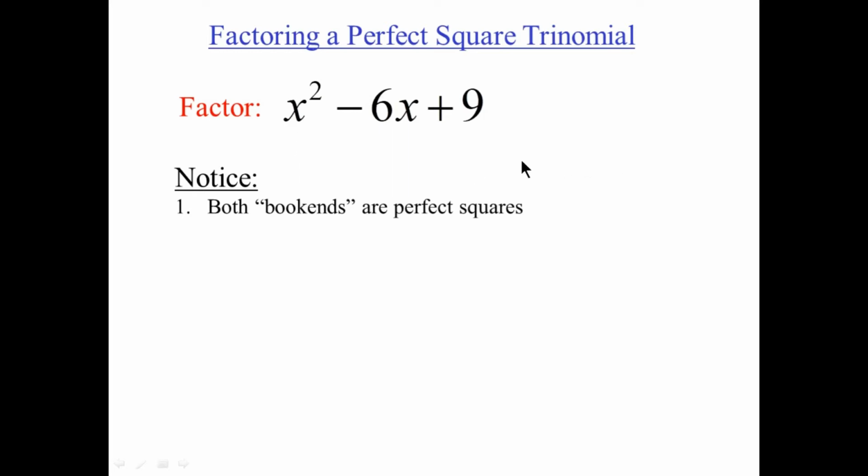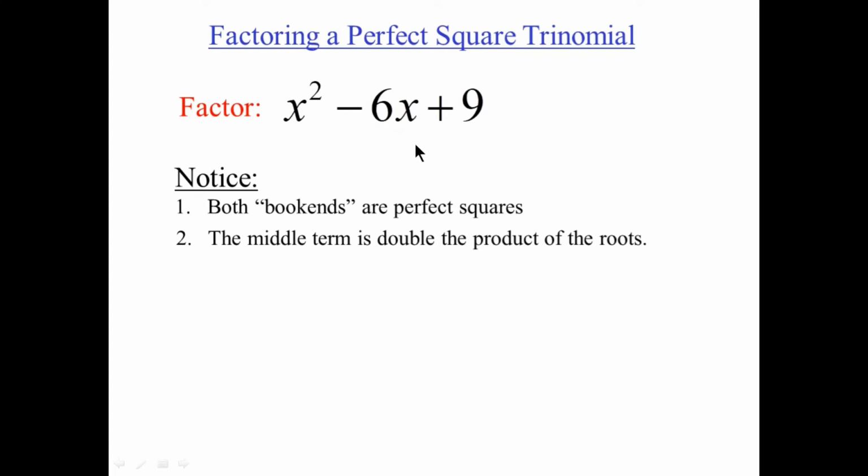So the bookends are perfect squares, and we also know that the middle term is 2 times the product of the square roots of the bookends. The square root here is 3, and the square root over here is x, so the product there is 3x, double that, and you've got this 6x in the middle.